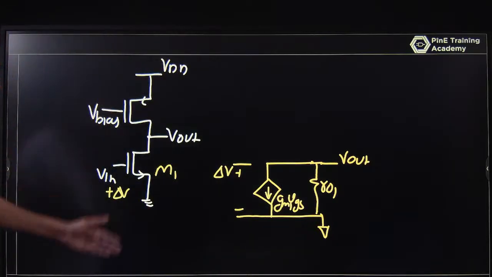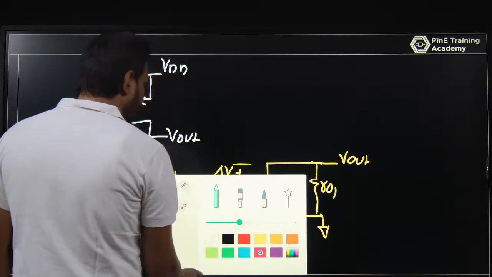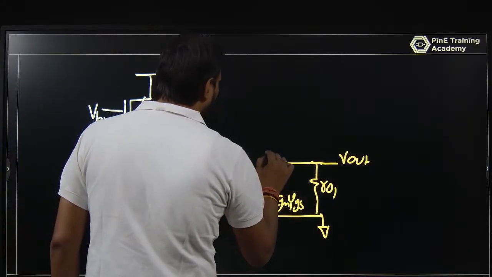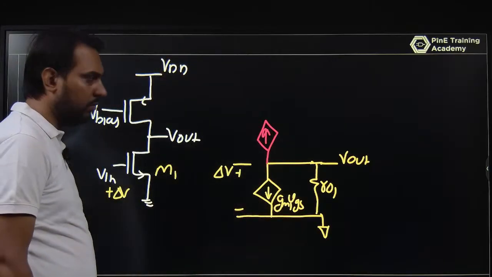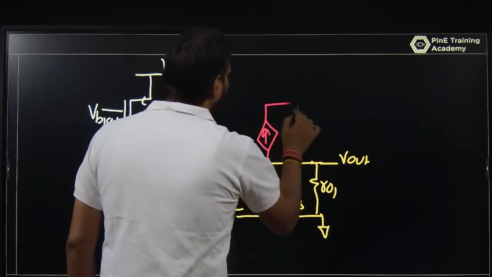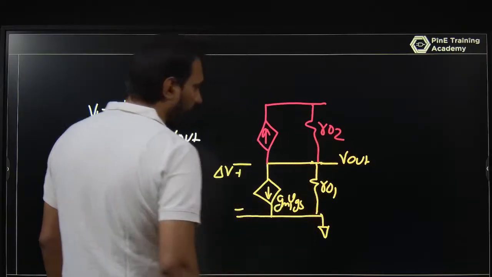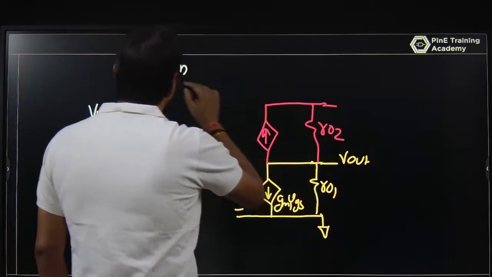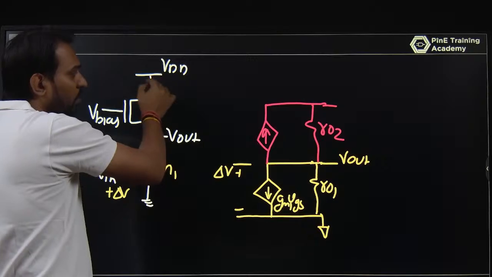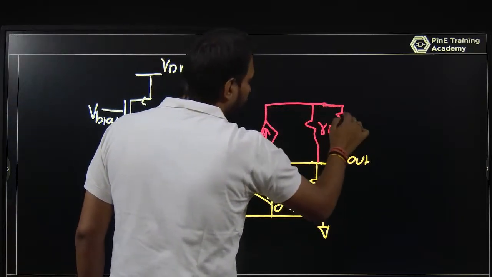Now I am talking about that PMOS as a load. So simply, you have a current here, and this is connected in such a way like this, and this is R02. This is your source. Now the source is VDD. In a PMOS, the source is VDD, so in a small signal model, it acts like a short circuit here.